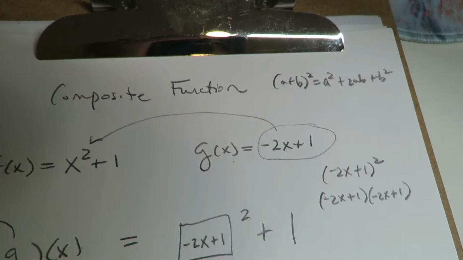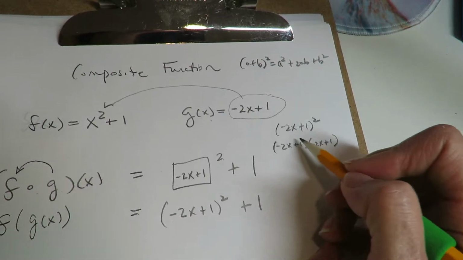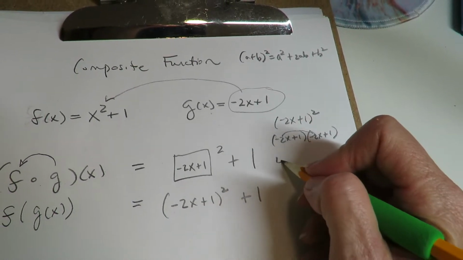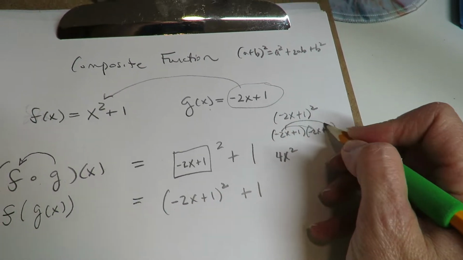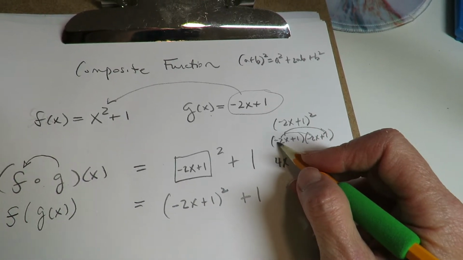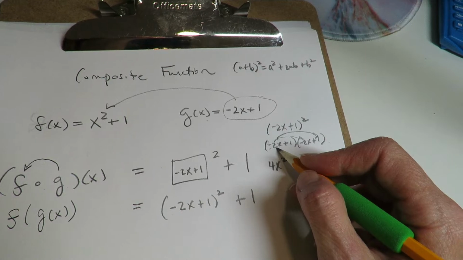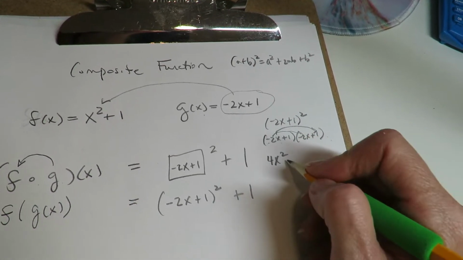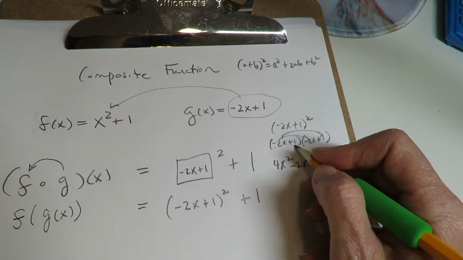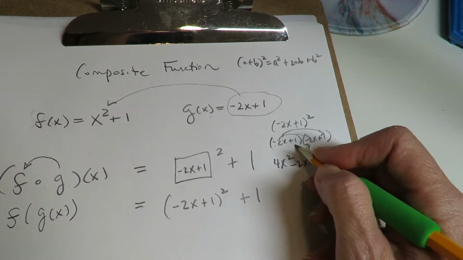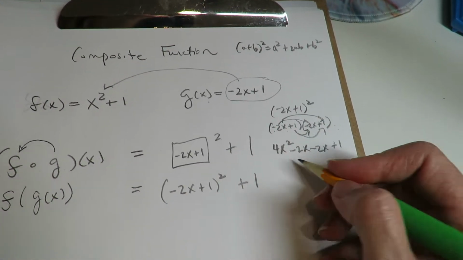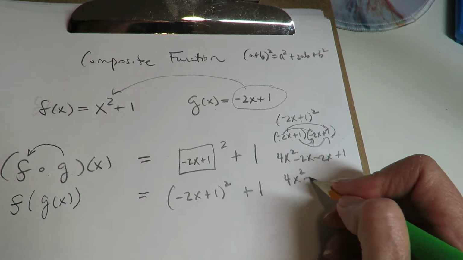You can use that formula, or you can just FOIL it out, meaning first times first, first outside, inside, last. Whichever order you do it in, I always make sure each of these go to each of these. So negative 2x times 1 is negative 2x, 1 times negative 2x, and then 1 times 1. Or, like I said earlier, you could just use the formula.